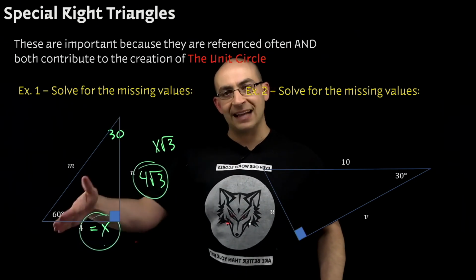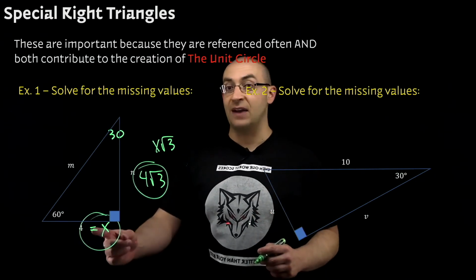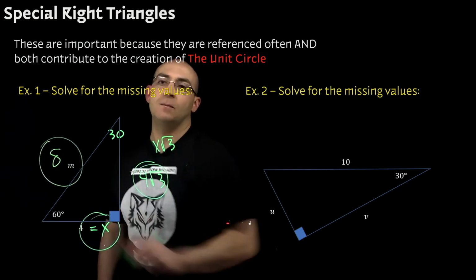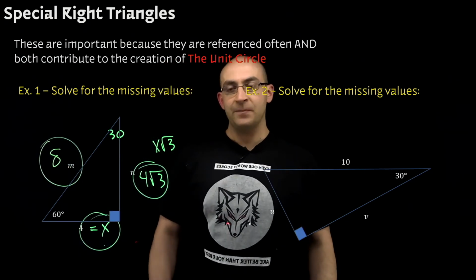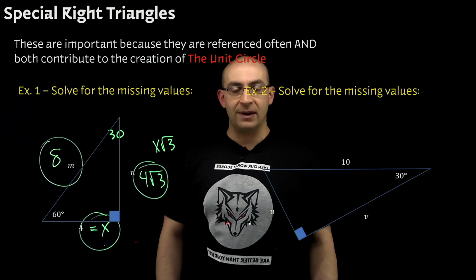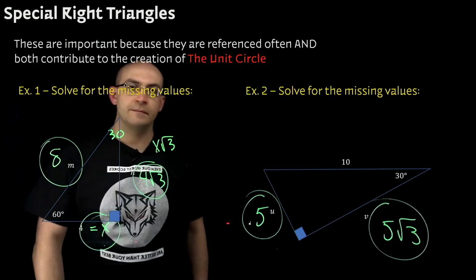And M, as the hypotenuse, is always going to be 2x, or 2 times our value that we got for 4. So M is going to be referenced as 8. So we've completed our 30, 60, 90. Short side of 4, second side as 4 root 3, and the hypotenuse as 8. Why don't you go ahead and try the second problem?